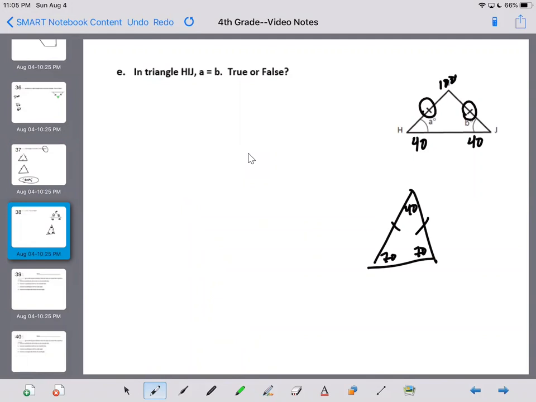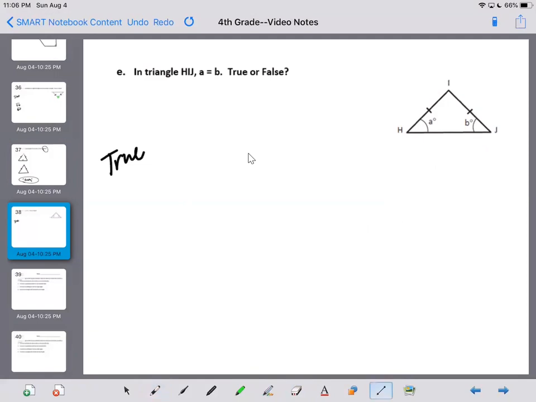in this triangle, we can certainly fold it. This is going to be a true statement. Our line of symmetry would be here. And like I was saying, if this was 70 degrees, then this would be 70 degrees, and then this would be 40 degrees.